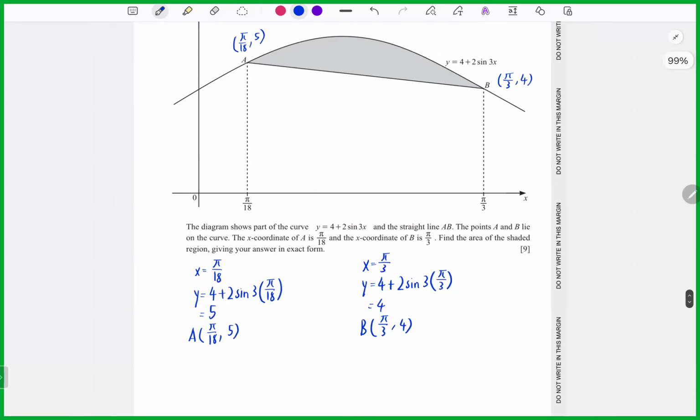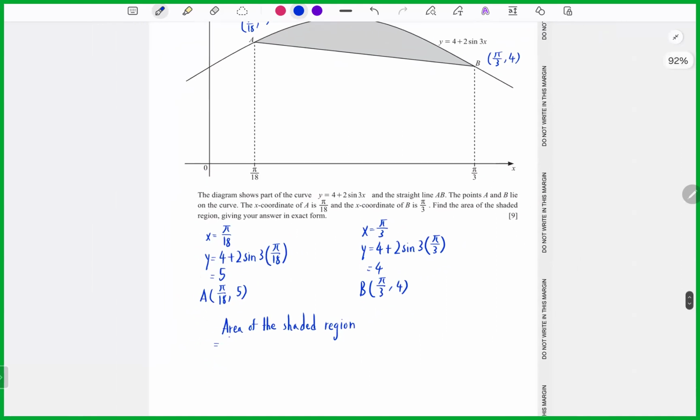So okay, let's find out the area of the shaded region. You can try to integrate pi over 18 until pi over 3, 4 plus 2 sine 3x dx, minus, because you see this shape is what?